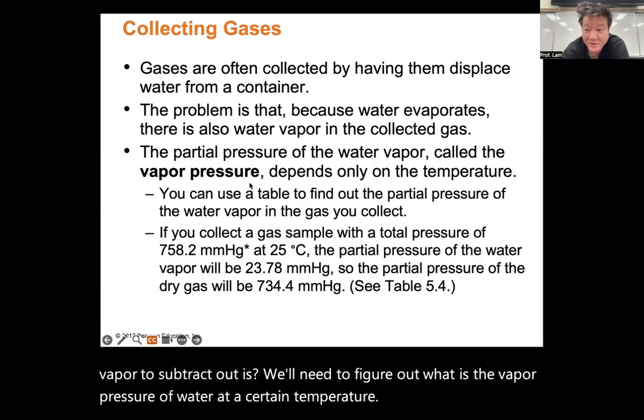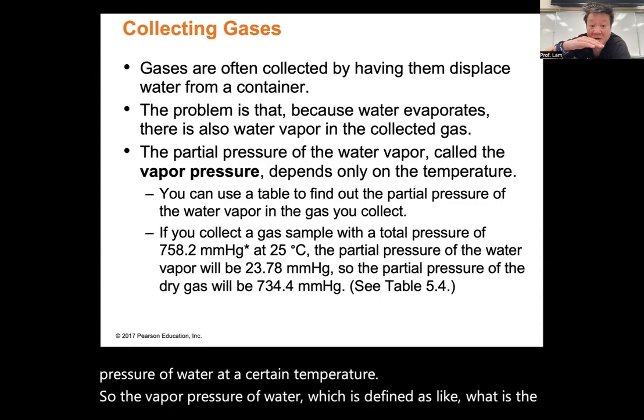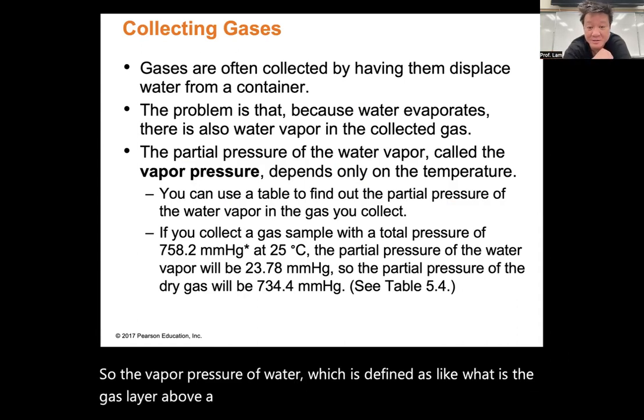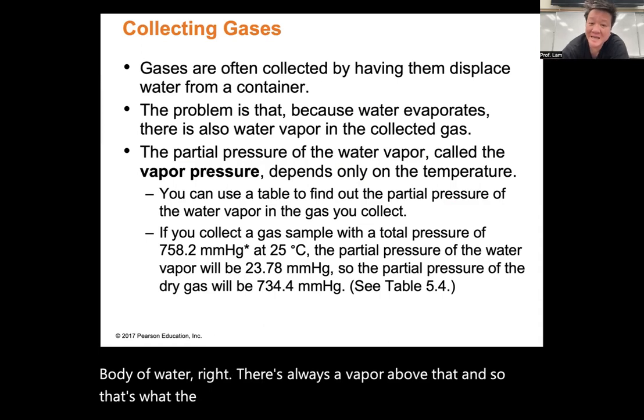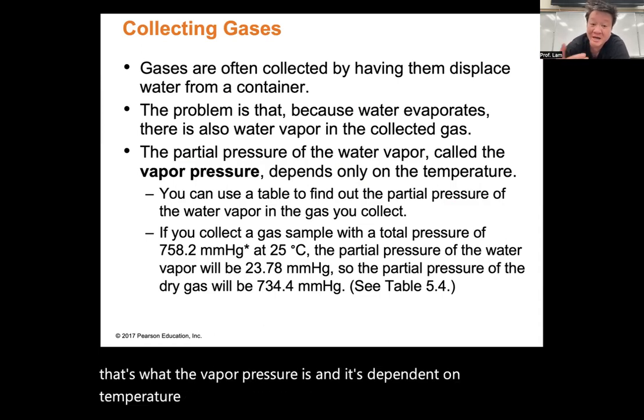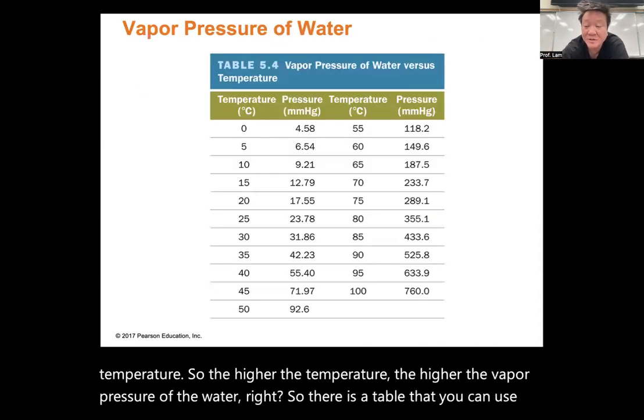The vapor pressure of water is defined as the gas layer above a body of liquid water. There's always a vapor above that, and that's what the vapor pressure is. It's dependent on temperature: the higher the temperature, the higher the vapor pressure of the water. There is a table you can use to figure that out.